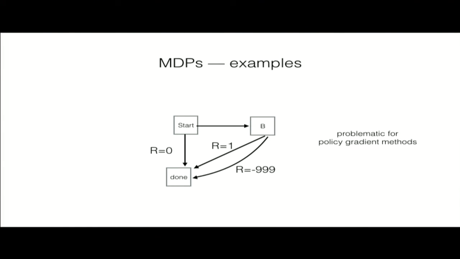So this example is an illustration. It's another deterministic MDP where the boxes here are states and the arrows are actions you can take from those states.